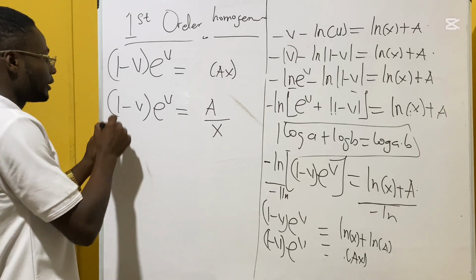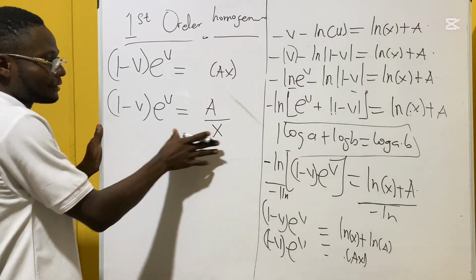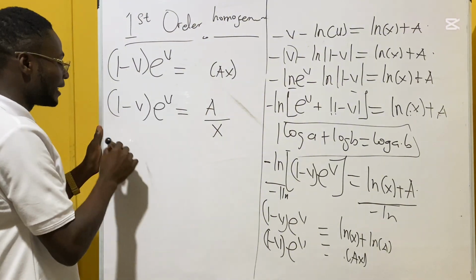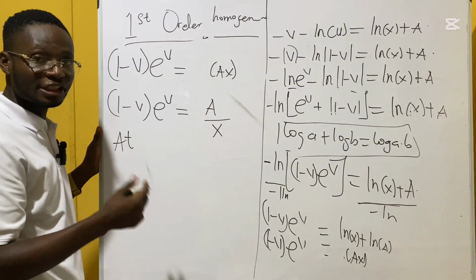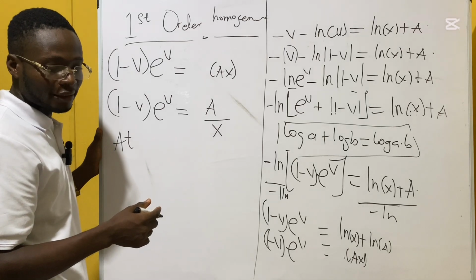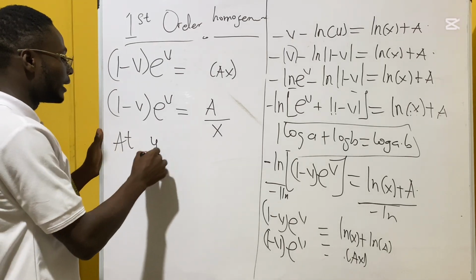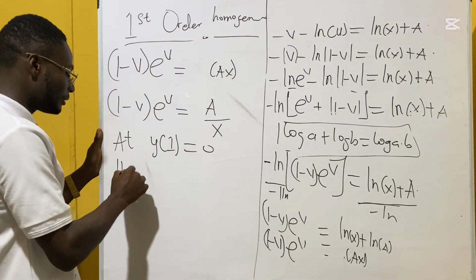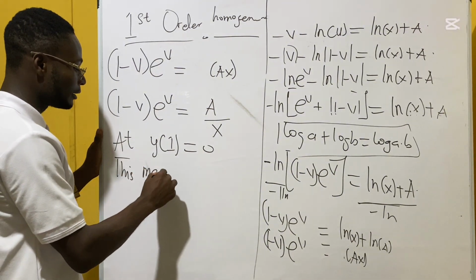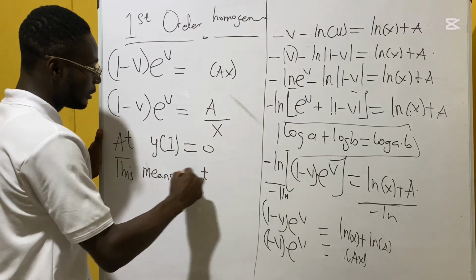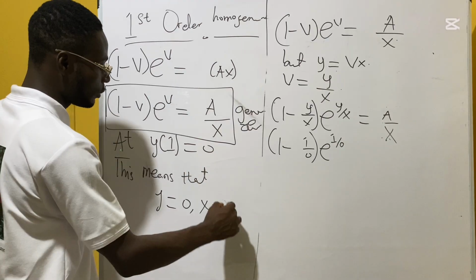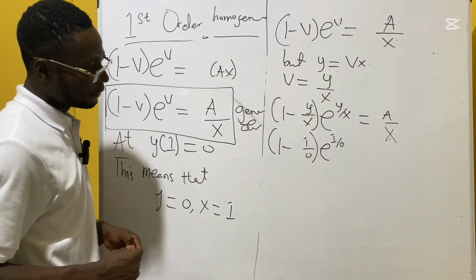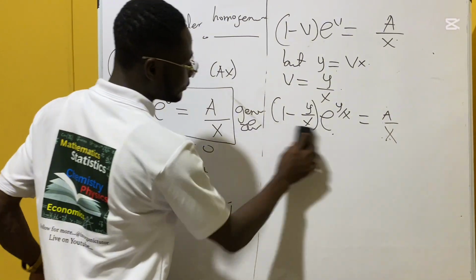So here we can say that this is our general solution to the differential equation. We have been given an initial value of y of 1 equals 0. This means that y is equal to 0 when x is equal to 1.